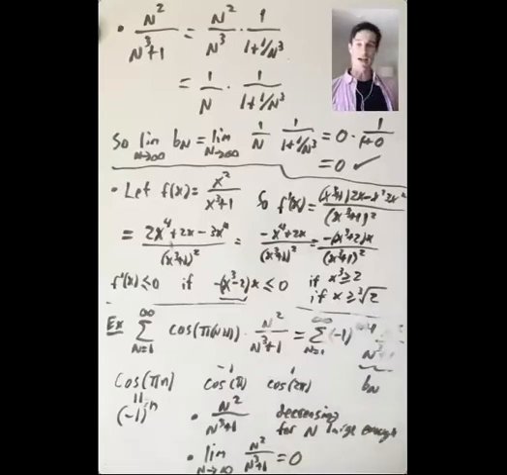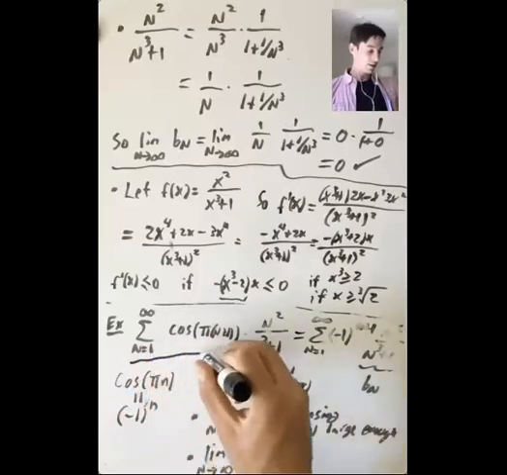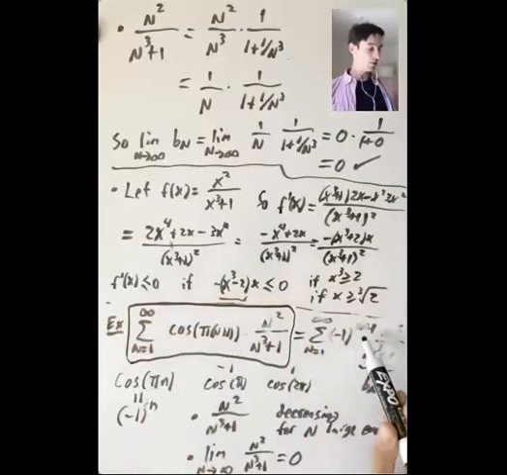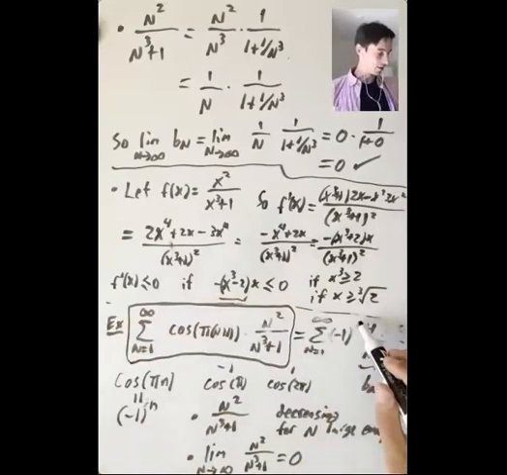So what have we checked? We've checked that this series that we started with, it's minus 1 to a power times, so this got a little smudged, this b_n, n squared over n cubed plus 1.